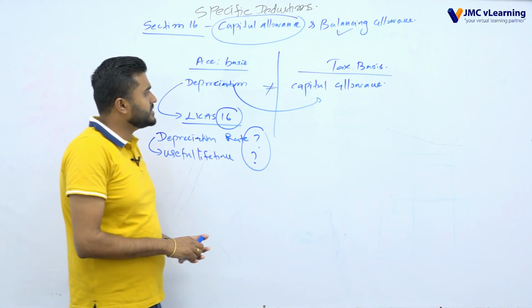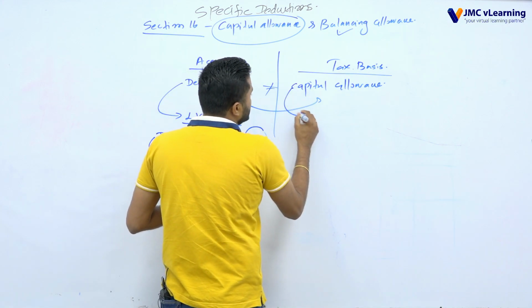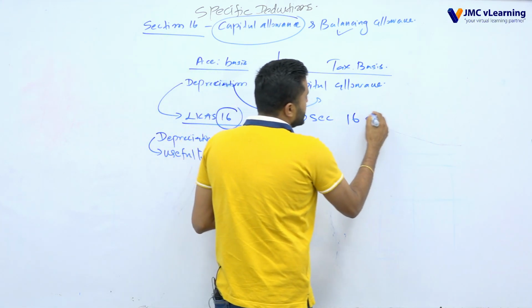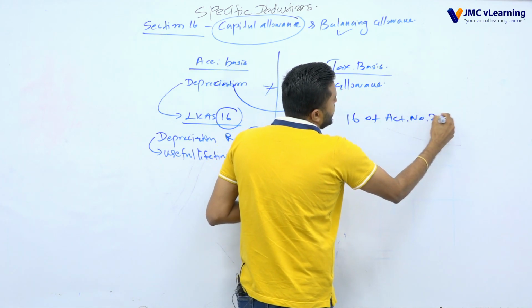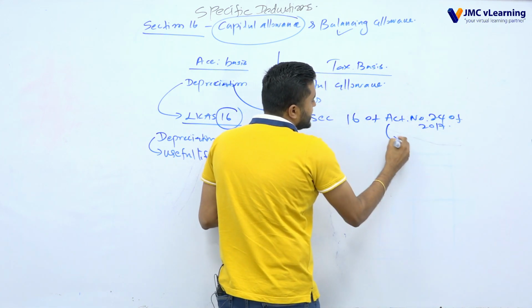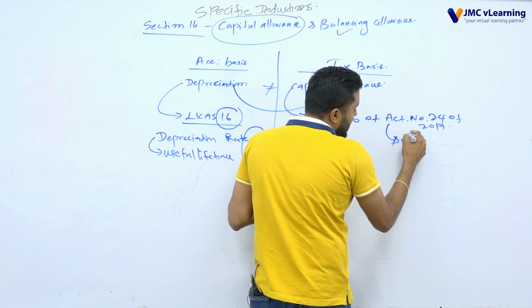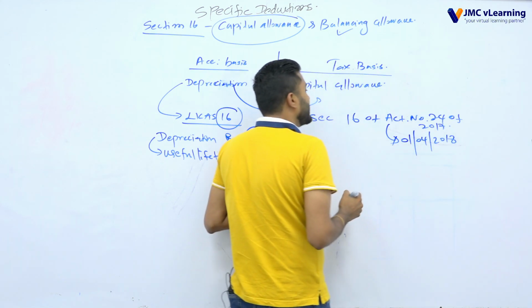But my dear students, when you calculate the capital allowances, you have to use section 16 of Act number 24 of 2017, which Act was implemented after 1st April 2018.